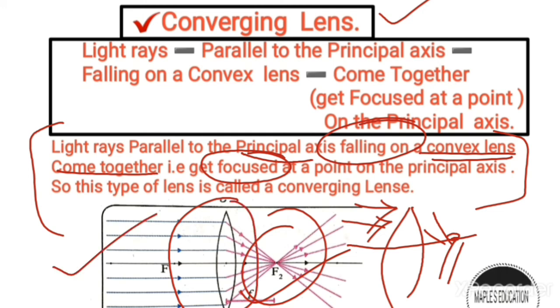In short, if somebody gives you a lens and asks you to identify whether it is a converging lens or a diverging lens, how would you do it? You would pass the light rays, which should be parallel to the principal axis, and if the light rays converge at a single point, then that particular lens is called a converging lens.